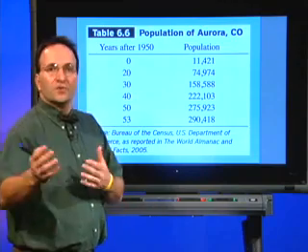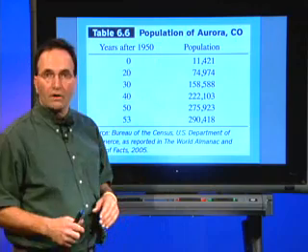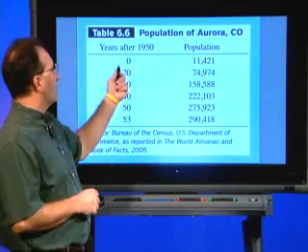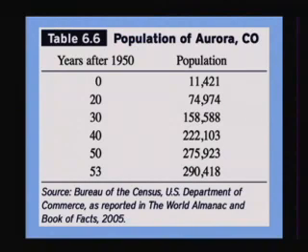So here's our table for the population of Aurora, Colorado. Years after 1950. So starting in 1950, the population was 11,421, and then 20 years later, 74,974. What we do is we plug these into our calculator.